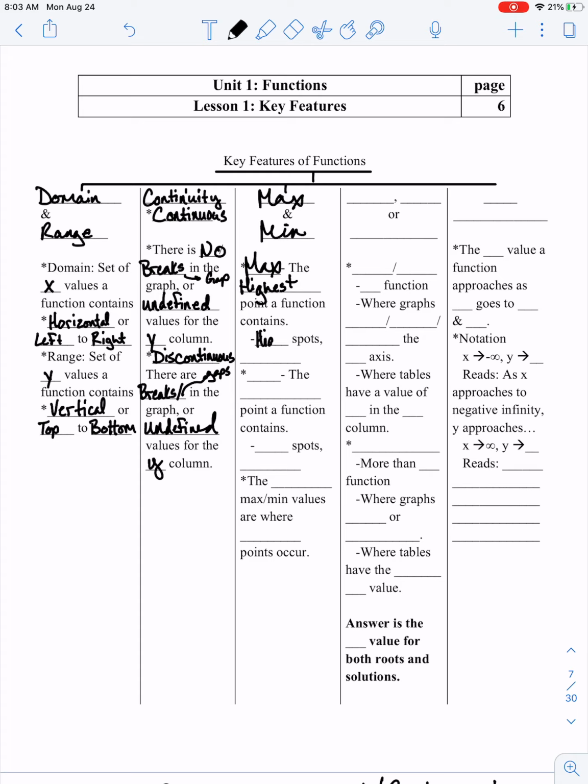Again, you have high spots or peaks. Your min is the smallest or the lowest point a function has. And again, I would say low spots or valleys or dips.